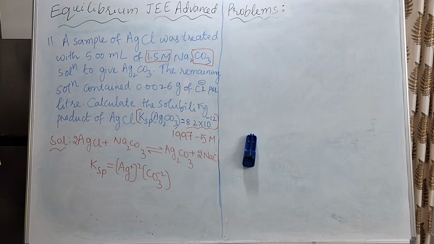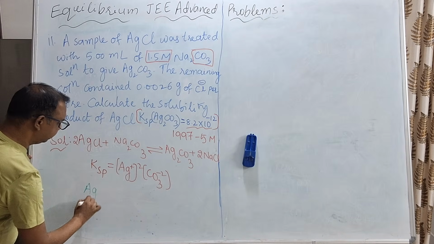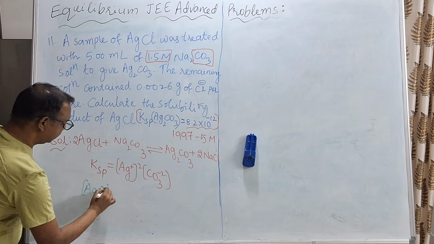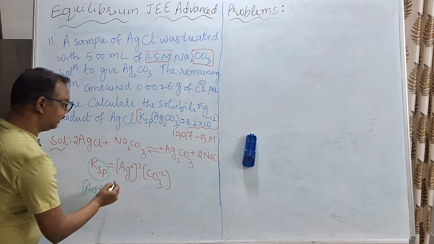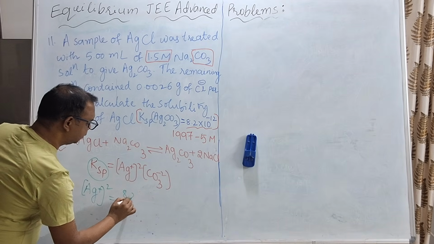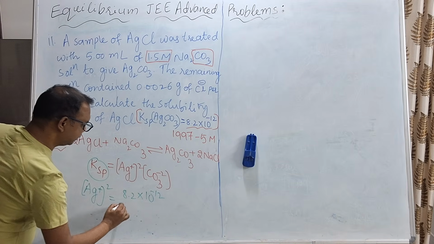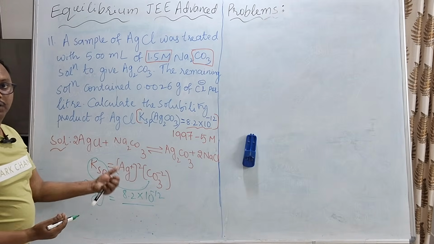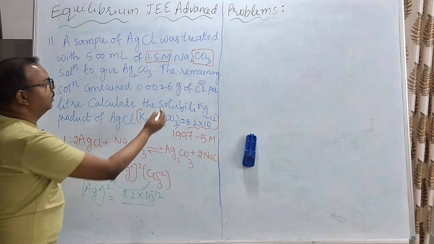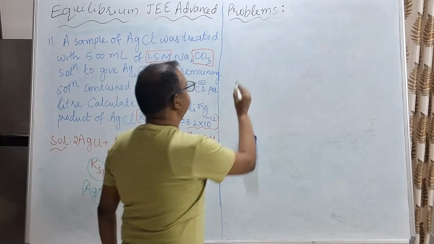When you substitute the values, the equation can be written as concentration of Ag plus square is equal to Ksp. I am substituting 8.2 into 10 power minus 12, and carbonate concentration goes down because this term comes to the denominator. You can see that very well. Okay, right. This denominator becomes 1.5, and concentration of Ag plus I am writing here.